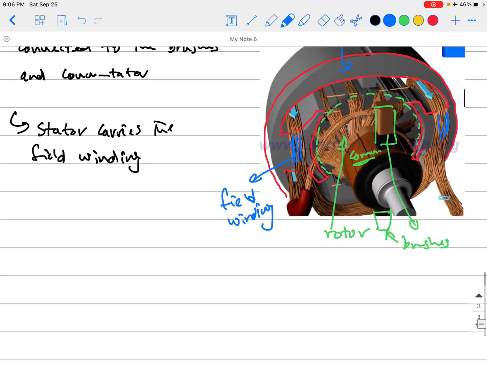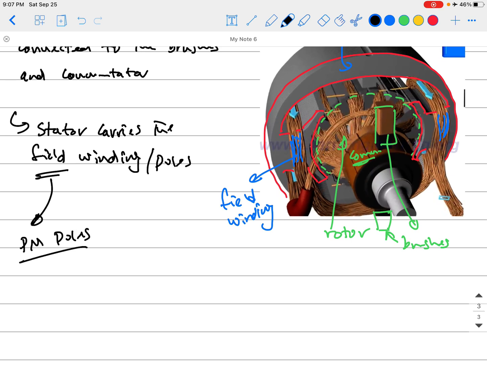So the stator carries the field winding, or let me say the poles in general, because if you remember, we can create the magnetic field we need from a winding or from a permanent magnet. So the field can even come from permanent magnet poles.